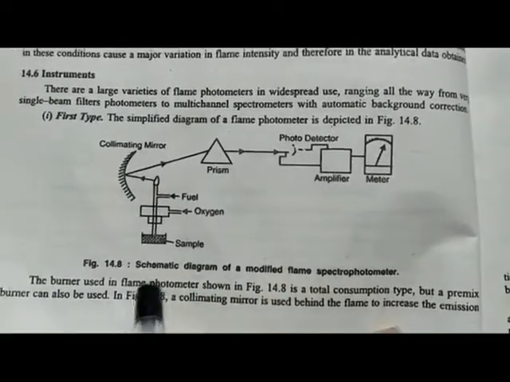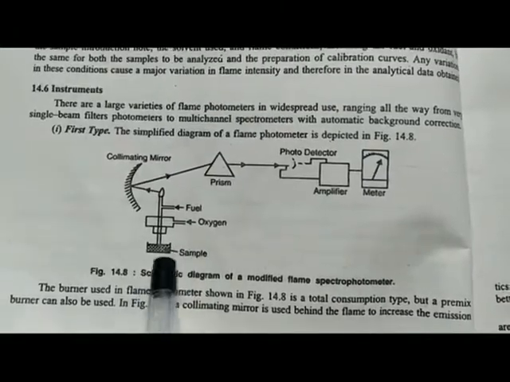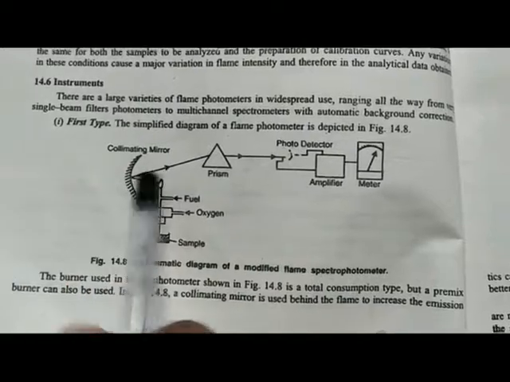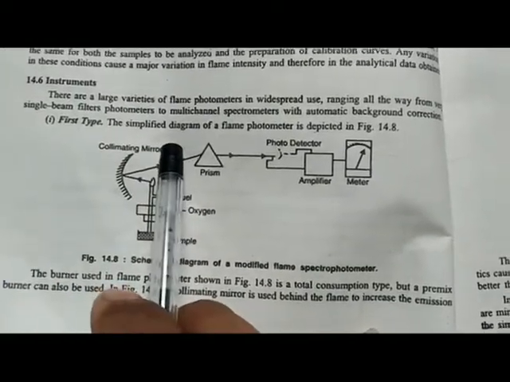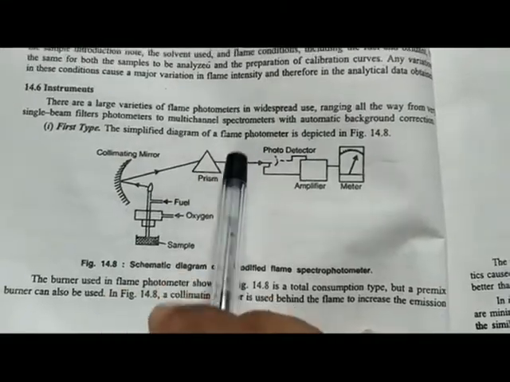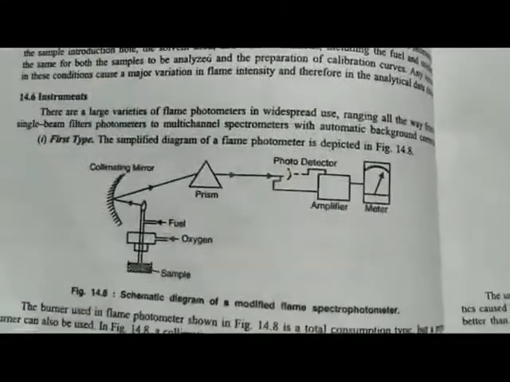So this is the main schematic diagram of the flame spectrophotometer. Here are present the burner, concave mirror, then entrance slit, exit slit and detector or amplifier.